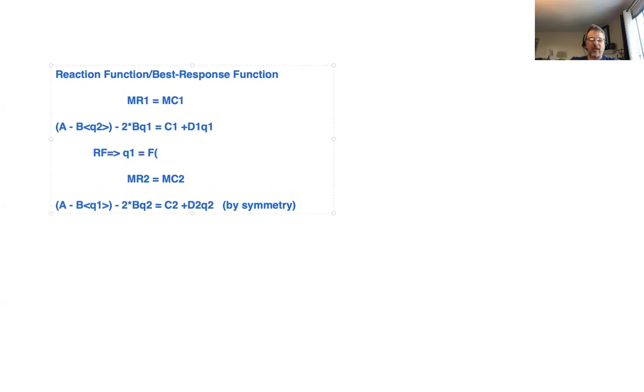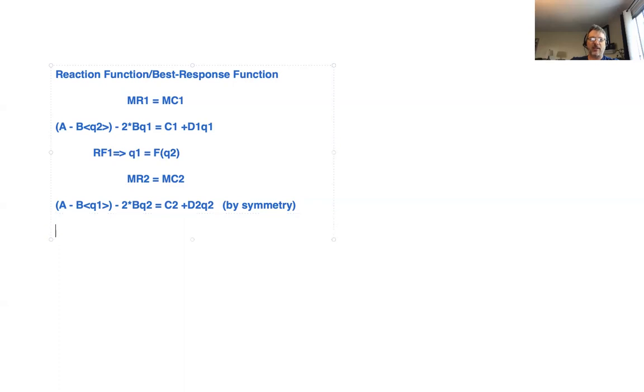And this is the point where, remember, we had the little wings on Q2, so we would recognize that it was a constant. But at this point, we can say that constant is arbitrary and just use it as Q2. So the reaction function for firm one would look like that.